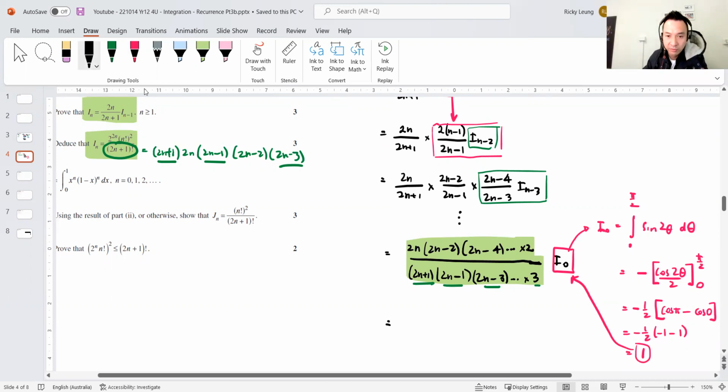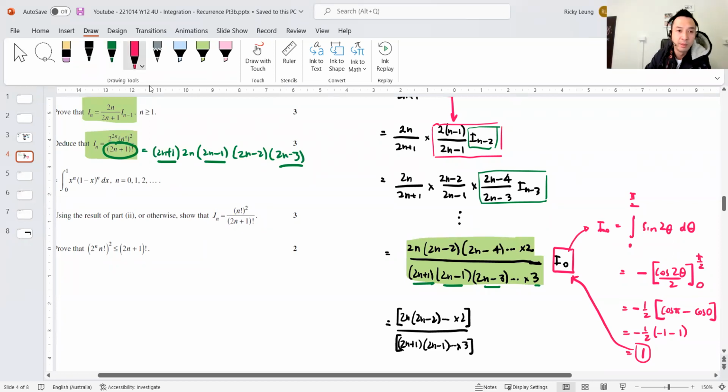Right now, I have on top one lot of 2n minus 2 that goes all the way down to 2, and right now the bottom is sitting on 2n plus 1, 2n minus 1, all the way down to 3.